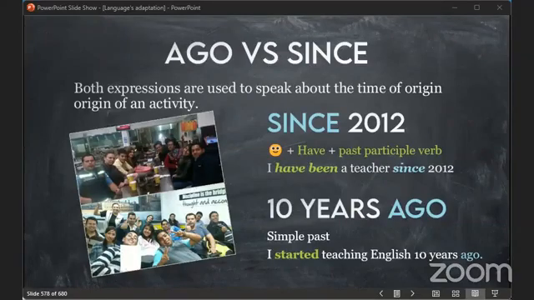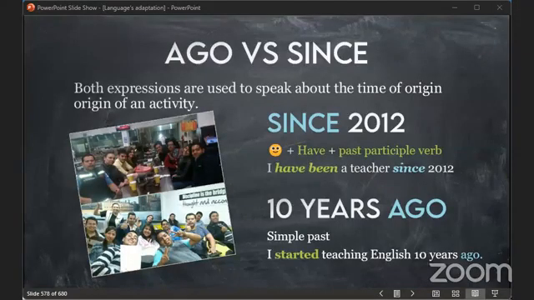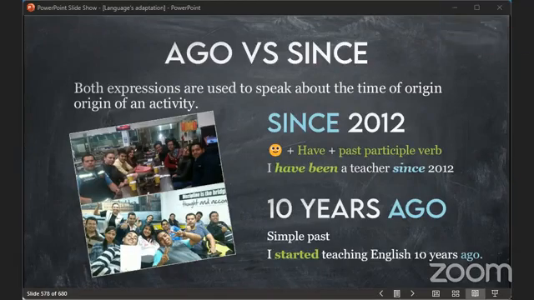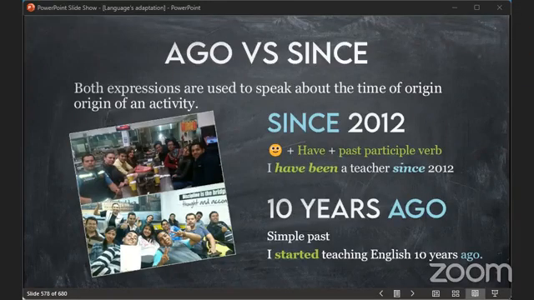Ago is time in the past, a finished action in the past. I don't know if it's finished, but it's time in the past. Yes, action in the past. Exactly.